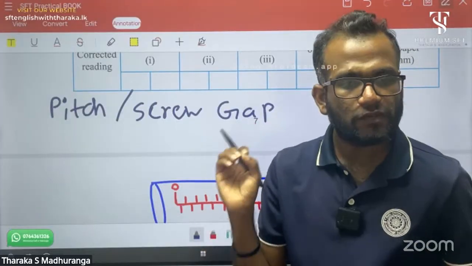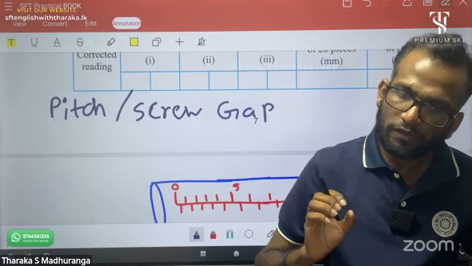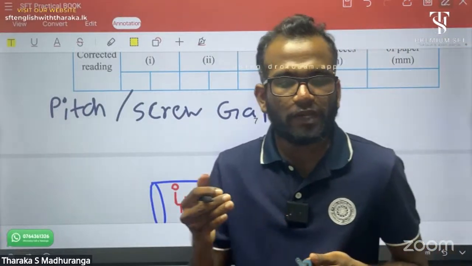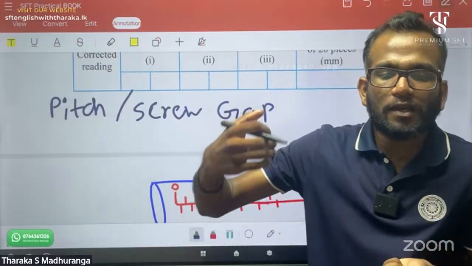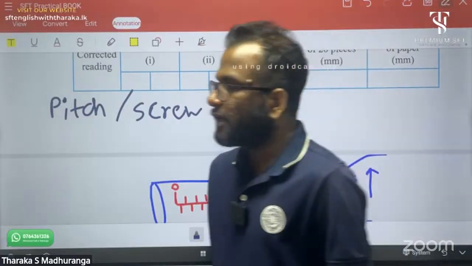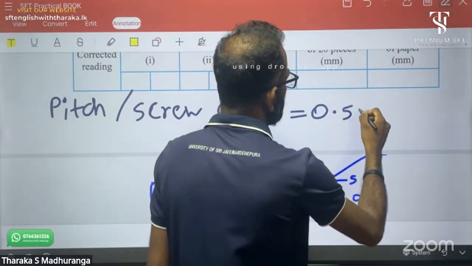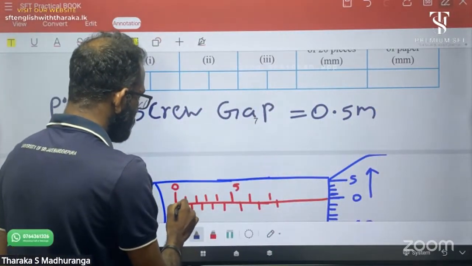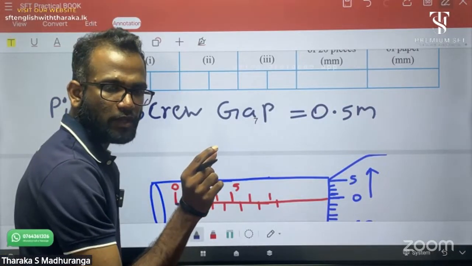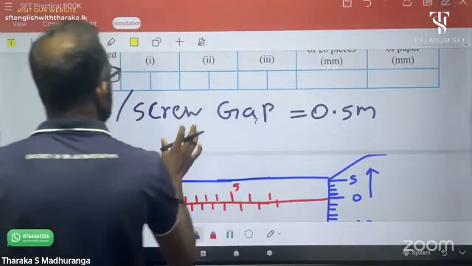It has a screw principle. That moving distance we call the screw gap or pitch. Normally in this regular instrument it is 0.5 millimeter. Very small gap, it travels within one complete revolution.